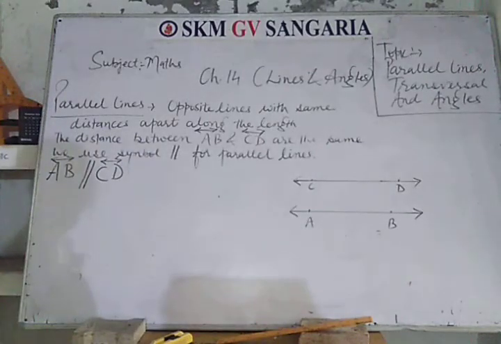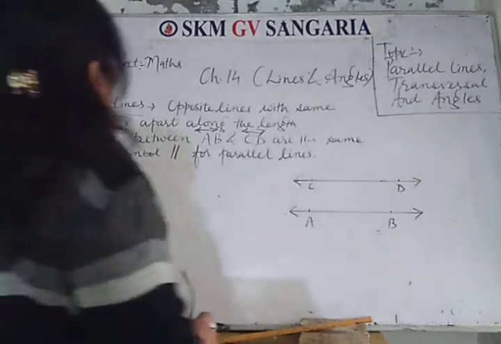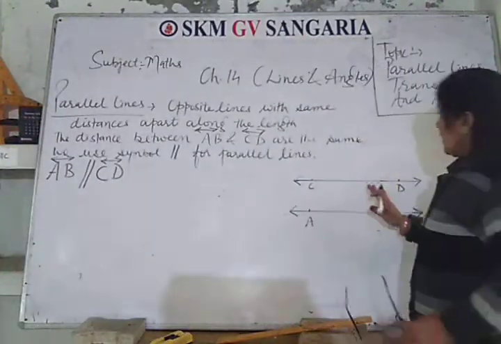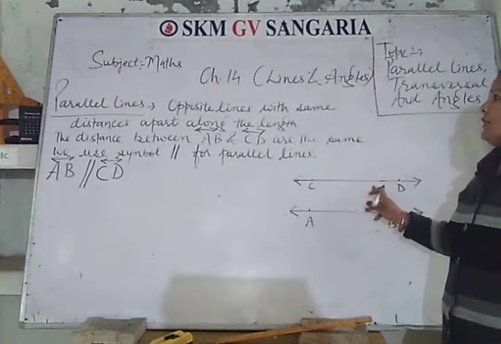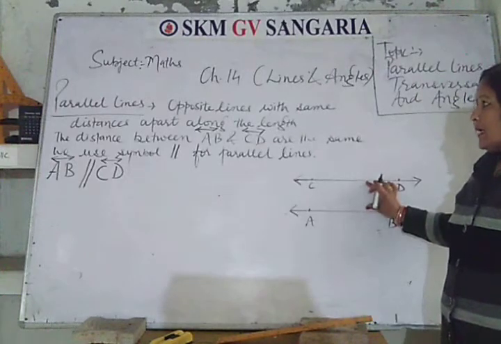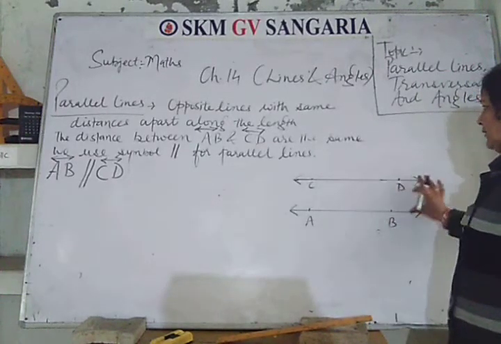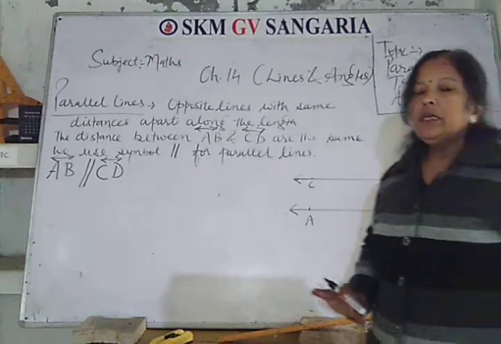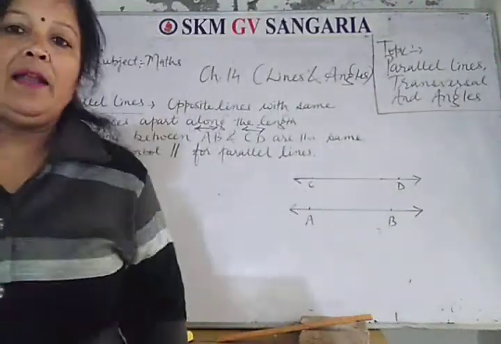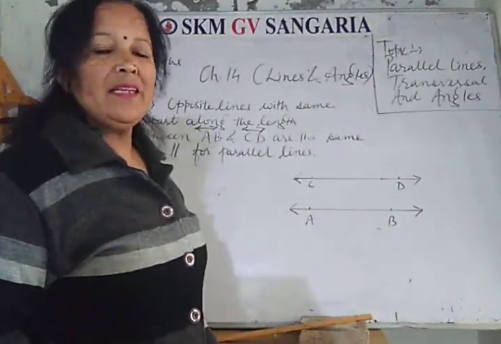So opposite lines with same distance apart along the length are called parallel lines. Parallel lines never meet each other.